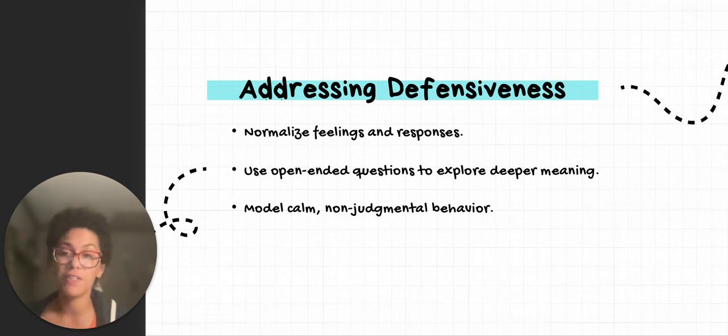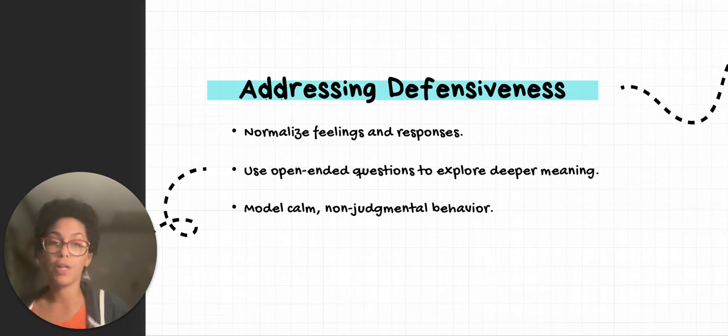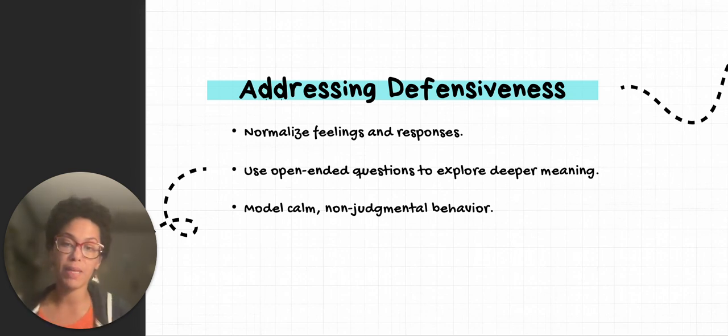To deal with defensiveness, the group members or the group leader must create an environment where members feel safe, as mentioned in previous videos, and supported, yet also encouraged to take personal, emotional risk. It's also essential for the leader to model calmness and acceptance, even when confronting defensive behaviors, because if the leader is modeling the behavior, the group members are more likely to take stock in it and begin to follow.